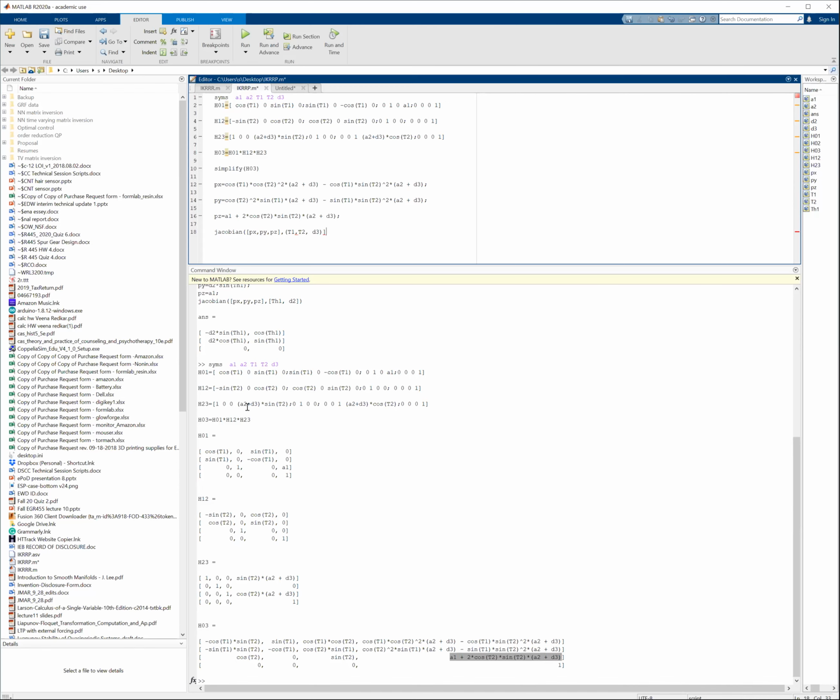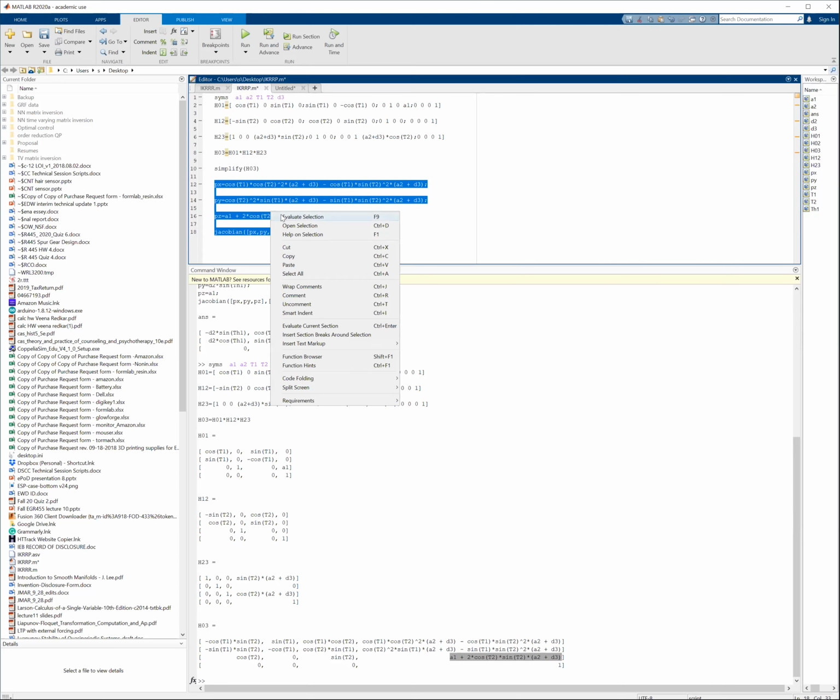So once you have this, I'm gonna go ahead. I made a mistake here. This needs to be the square bracket, and here it needs to be the parentheses. Okay.